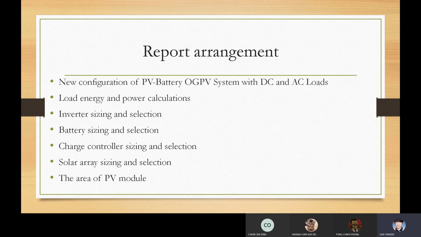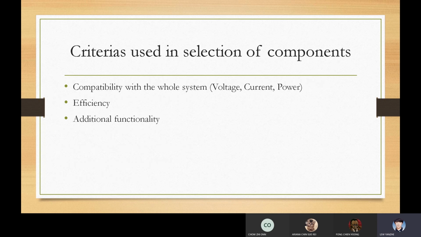Lastly, I find which solar array is the most suitable, and then I calculate the area. Speaking of selection of components, there are some criteria I use. The first, which is the most important, is whether it's compatible with other equipment.